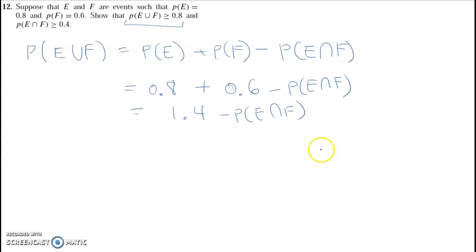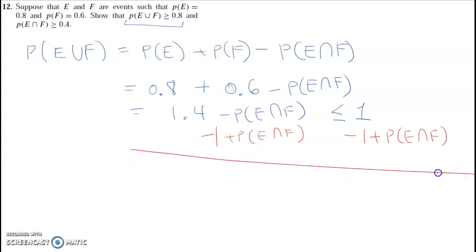By the definition of probability, we know that the probability of some event should always be less than or equal to 1. So let's play around. I'm going to add P of E and F to both sides, and at the same time subtract 1 from both sides.